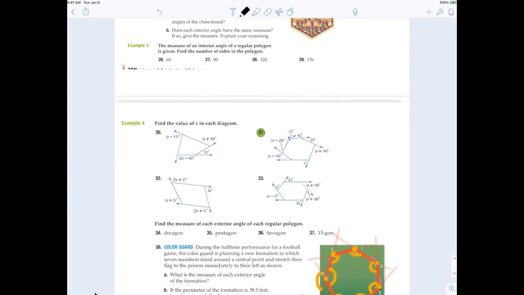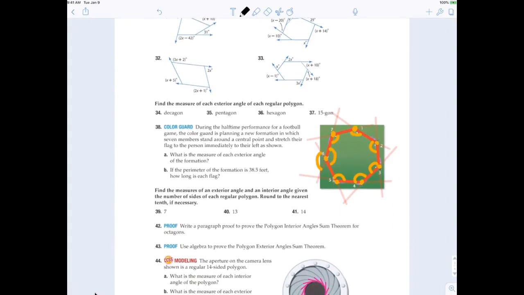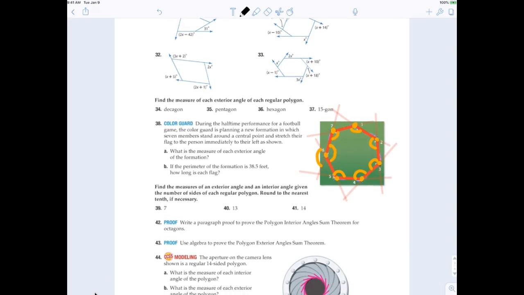Honestly, there's nothing really that difficult here, but I'm going to try to show you a little shortcut now. So look right here. This is what I'm asking about, as far as the interior angle.